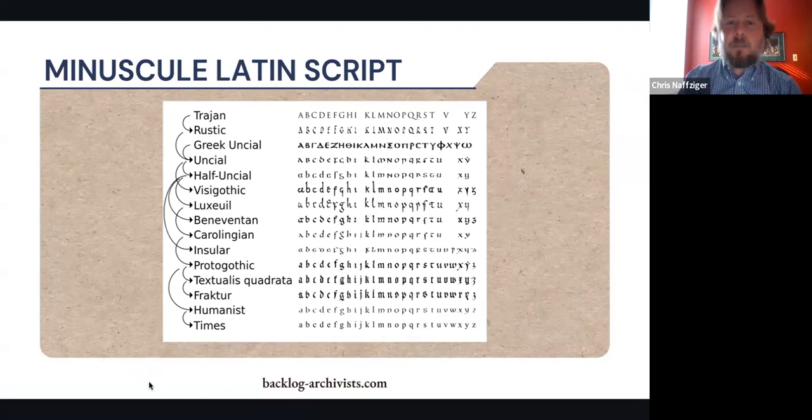They all were uppercase. There were no spaces between words, and they all just flowed together. You got to the end of a line and you just picked up right again on the next line. All right, and then you can see it actually goes all the way down to times at the bottom, like Times New Roman. You can see Fraktur, etc. All right, Emma, next slide.